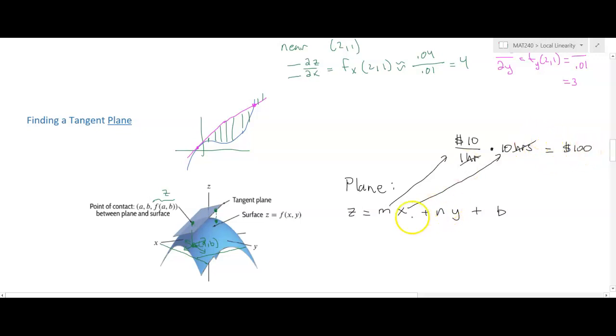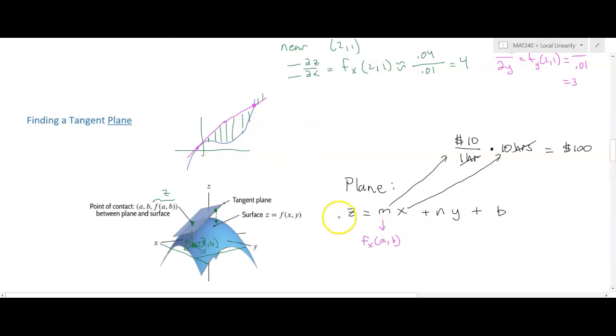So what approximation do we have for the slope in the x direction? Well, the best approximation that we can think of is f sub x at that point. Or you could write it alternatively as df dx at the point a comma b, but we're going to go ahead and stick with the function notation version.